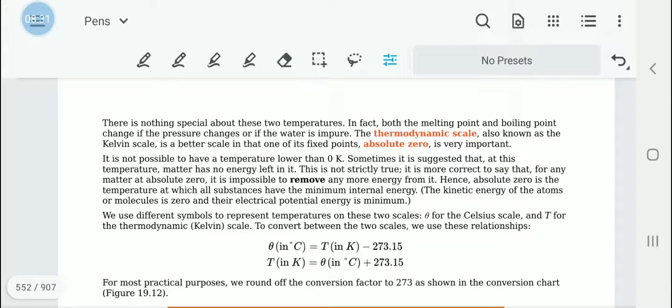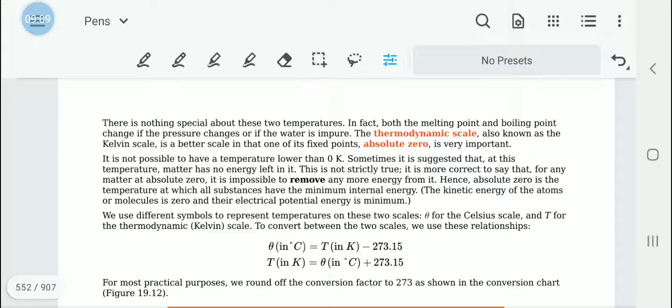So it is not possible to have a temperature lower than 0 Kelvin anywhere in the universe. But this is actually a situation when scientists agree that in a simple sense, there is no energy at all in it, right? But a different way of looking at this is actually, at 0 Kelvin, there is no possible way of removing any energy from it.